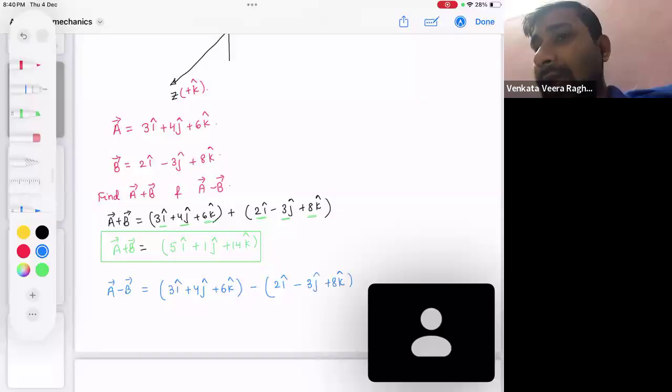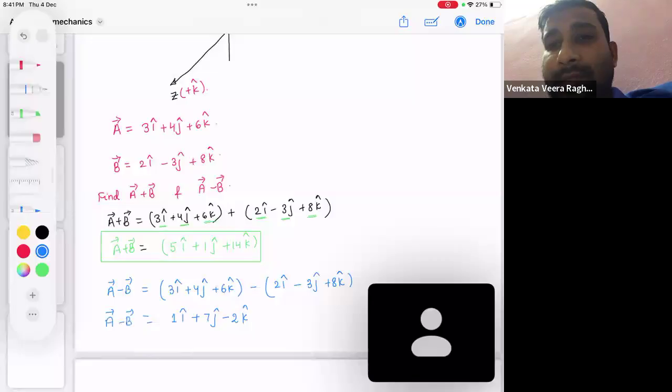Can you tell me what will be the final i cap component? 3 minus 2, can I say 1 i cap. 4 minus of minus 3, so 7 j cap. 6 minus 8, so minus 2 k cap. So this is your A minus B vector.